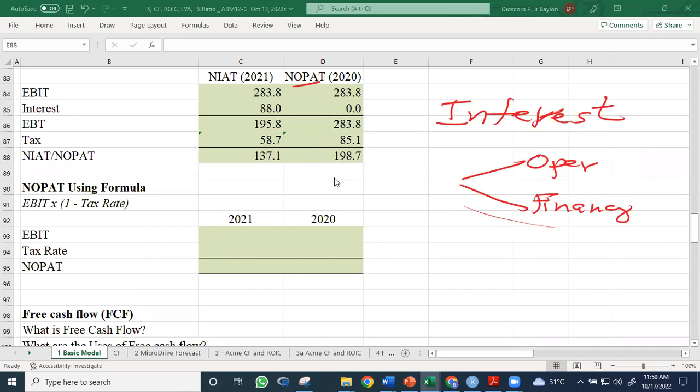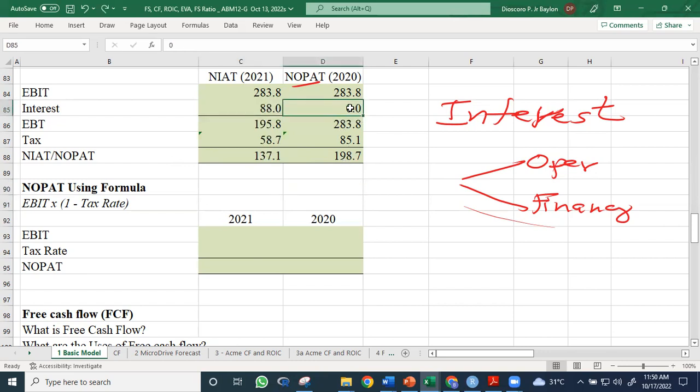So, NOPAT and NIAT will be the same if this is zero. Right? Kung wala to, kunyari, wala tayong interest expense. Of course, class, they will be the same. So, only in that instance, if there's no interest expense. But we cannot let this be zero if there's interest expense.